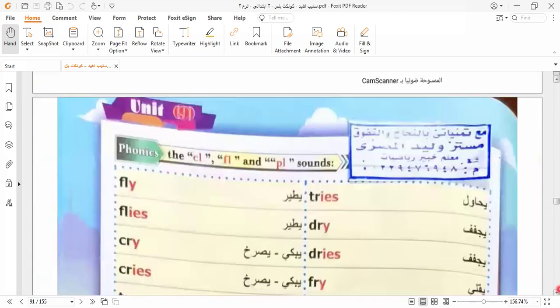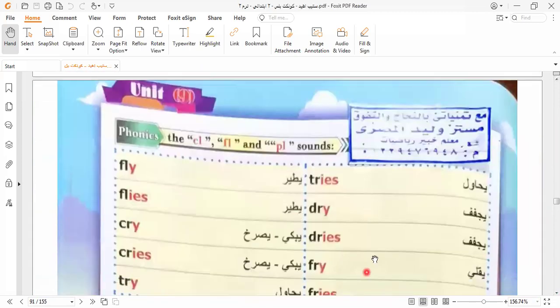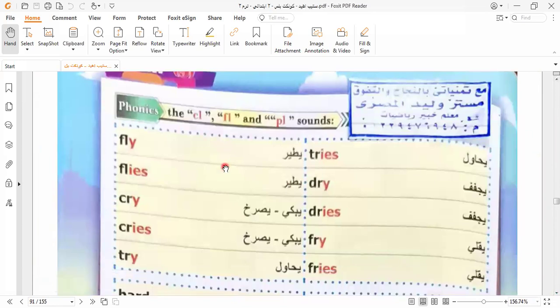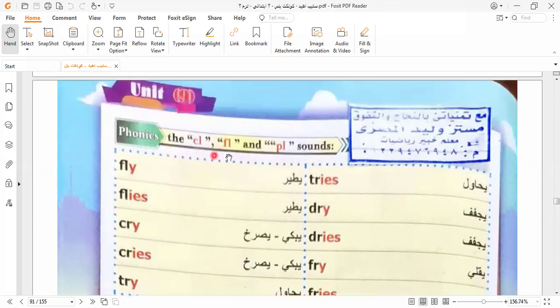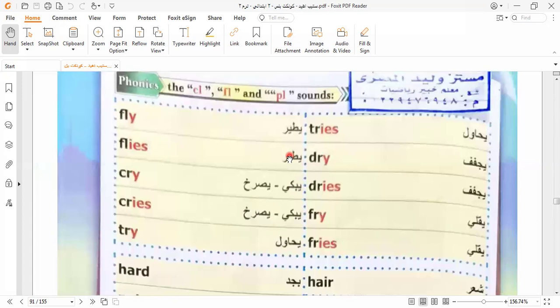Here we have some phonics. This phonics I told you in the last video, but I will repeat it again so you can study it well with me. We have fly. I will start. We have the letters CL, FL, and BL. Phonics CL, FL, BL.